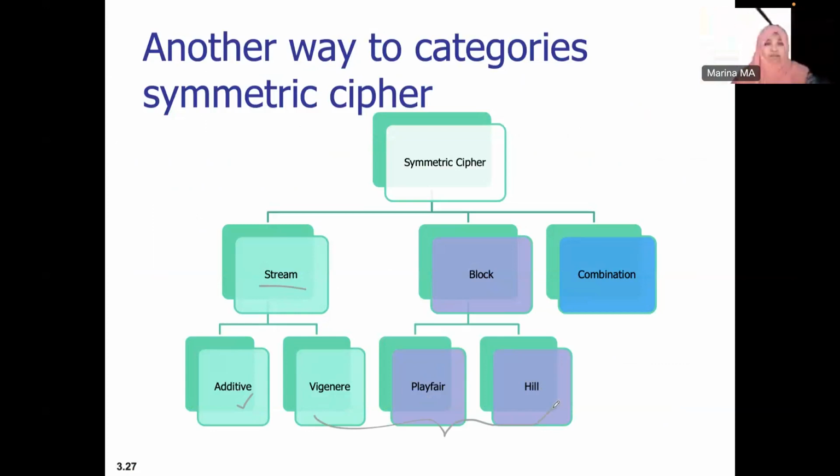You have a long letter, 2000 words. You don't do it all in one go, until the 2000th alphabet. What you do is break it into 100 alphabets. Yeah, we call it block cipher. Or you can combine them.